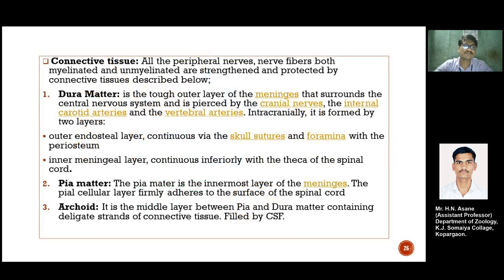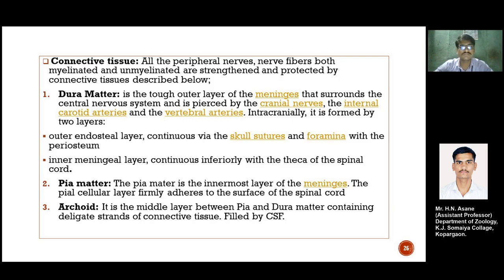So next, there are some connective tissues in the nervous tissues. All the peripheral nerves and the nerve fibers, both myelinated and unmyelinated, are strengthened and protected by the connective tissues described below.